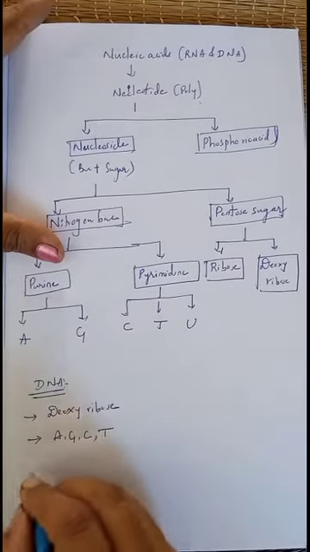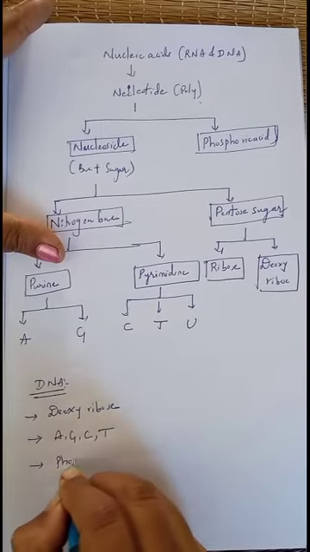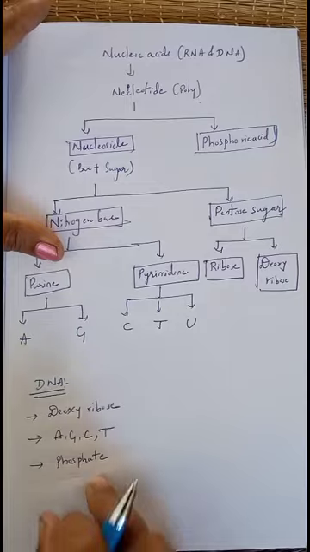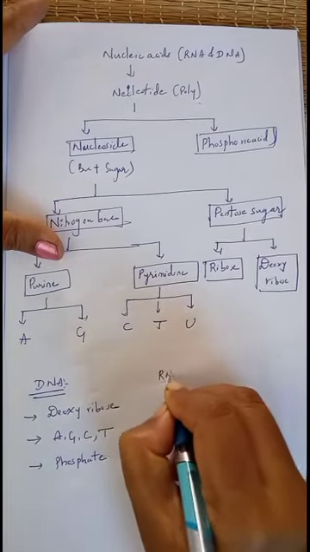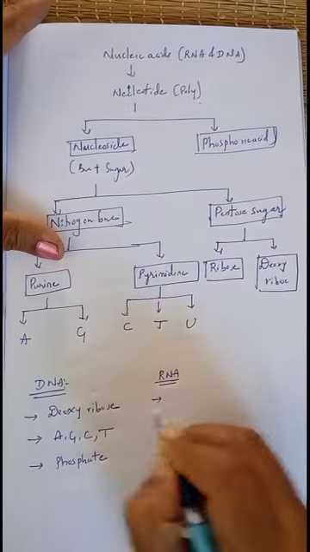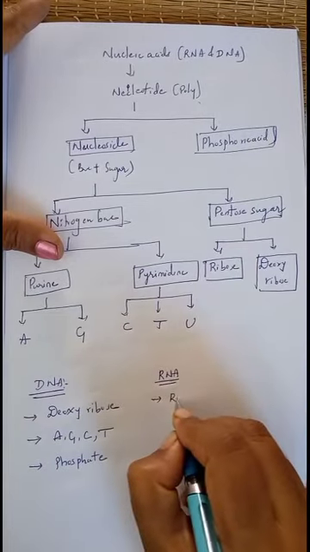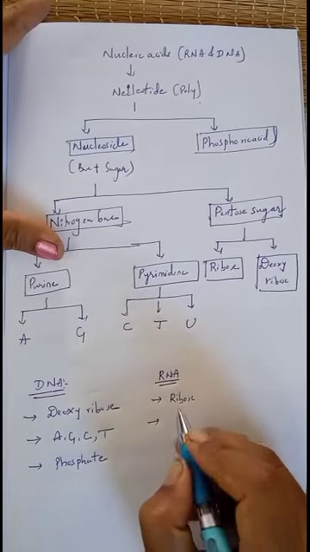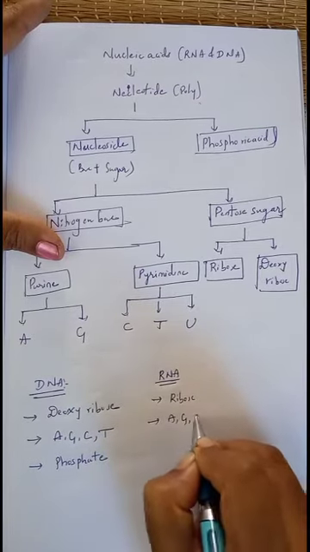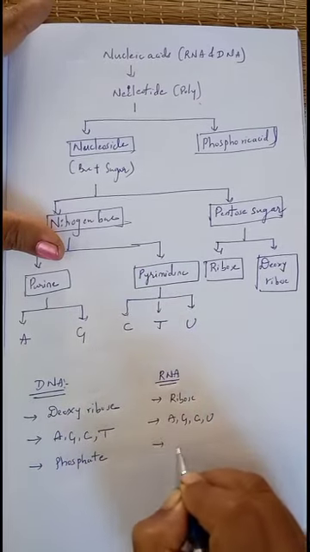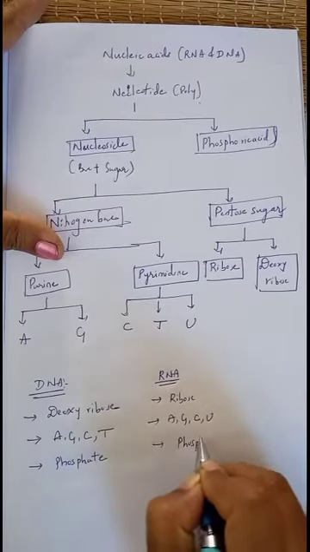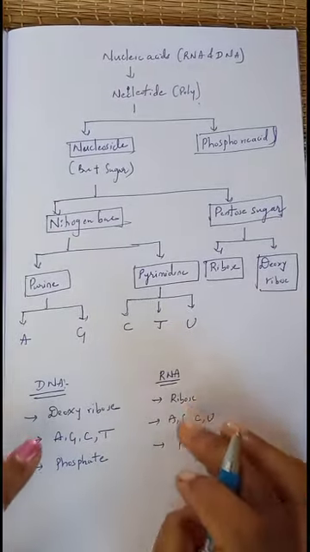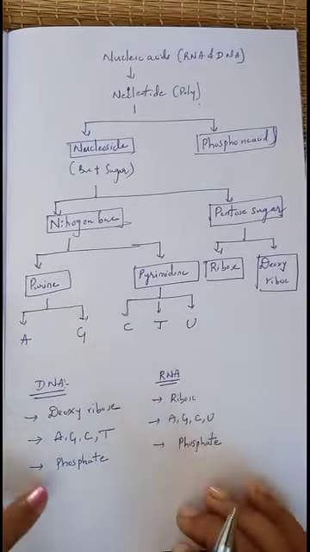These are the nitrogen bases, and it contains a phosphate unit or phosphoric unit. So these are the three important constituents present in DNA. If you take RNA, which sugar does it contain? Ribose sugar. And the nitrogen base units present here are adenine, guanine, cytosine and uracil. Along with that, one more unit present here is the phosphate unit.